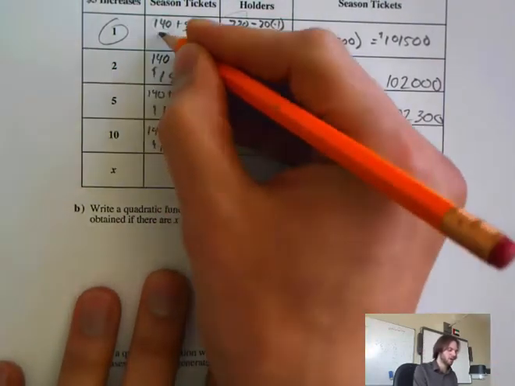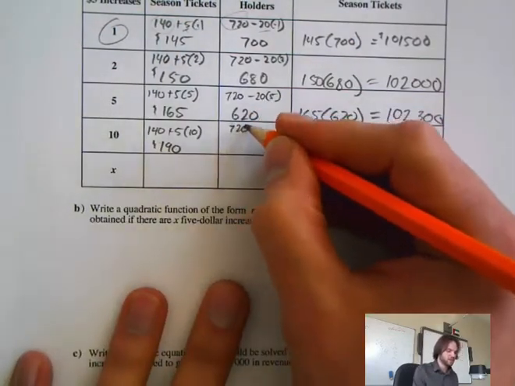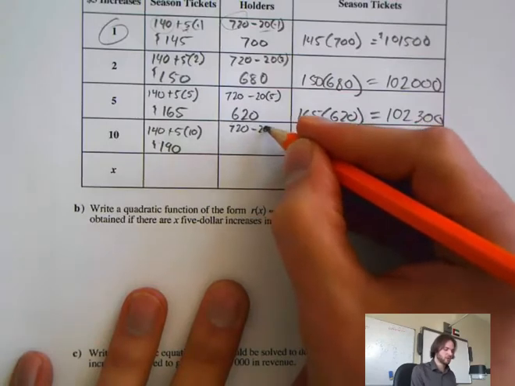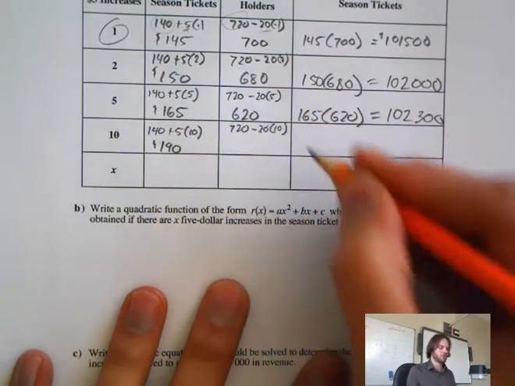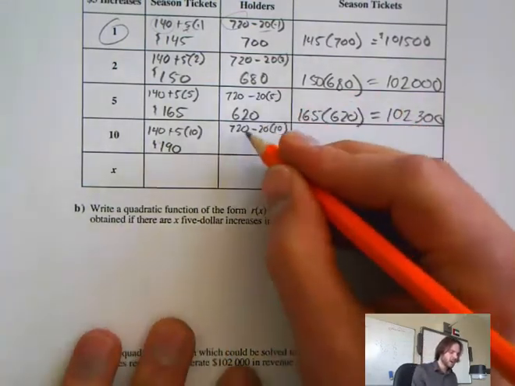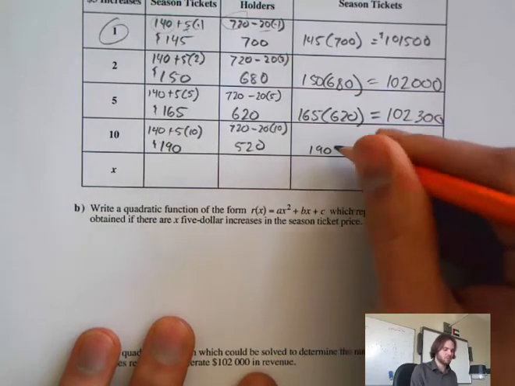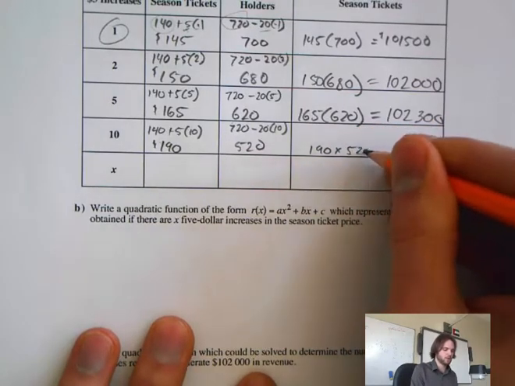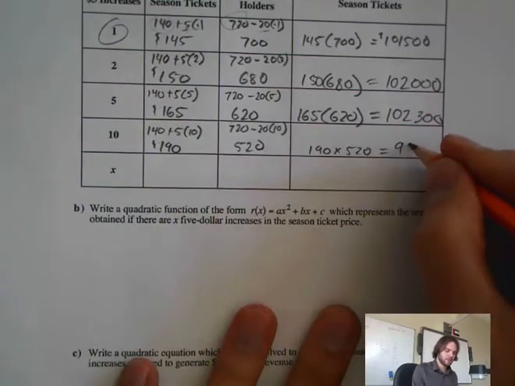Now, I don't think this is going to be as good, because out of 720 we're losing 20 ten times, which is 200 people. So now we're only down to 520 people. So 190 multiplied by 520 gives us a total of $98,800.